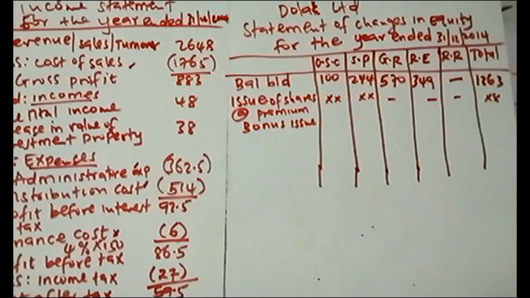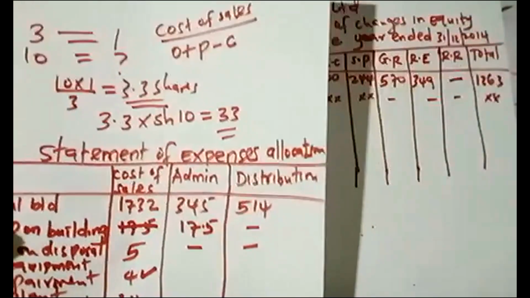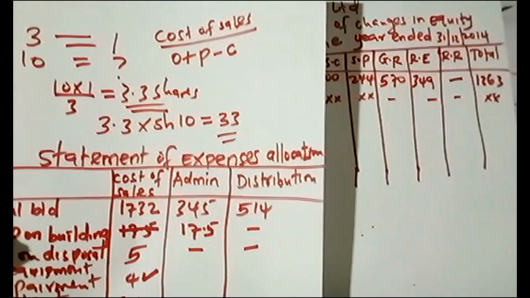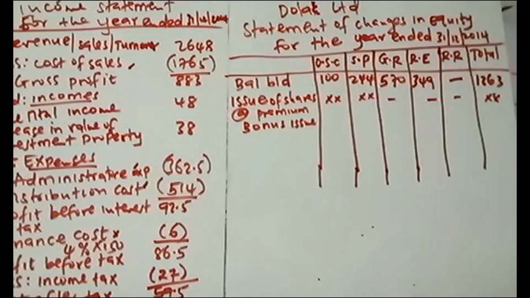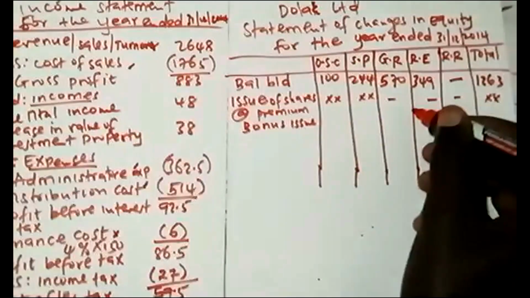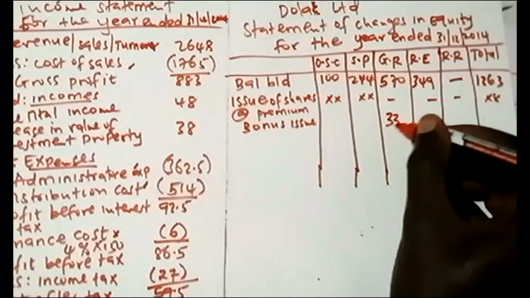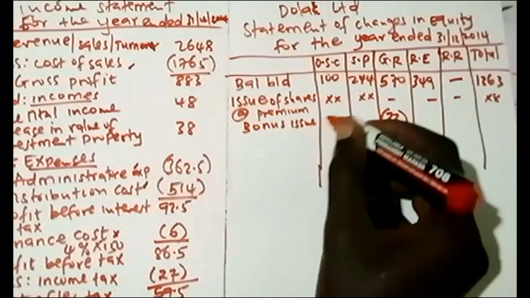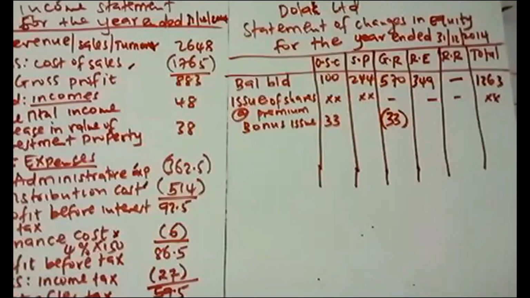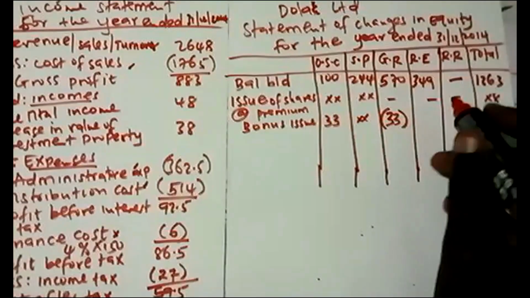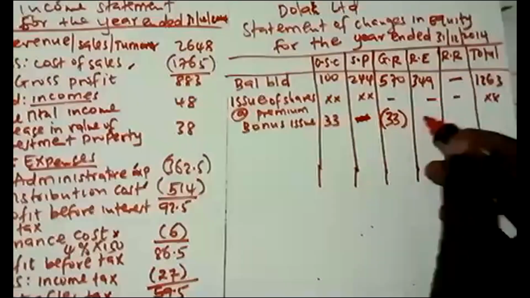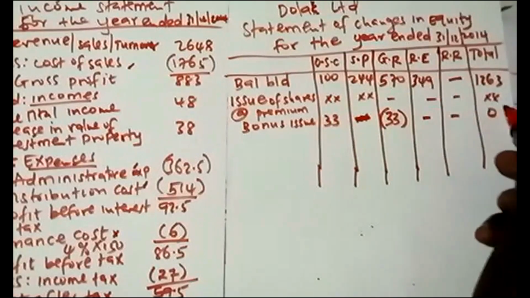So the 33 financing this comes from general reserve. We subtract there and add here, because their capital increased. The rest are dashes, because there is nothing there.